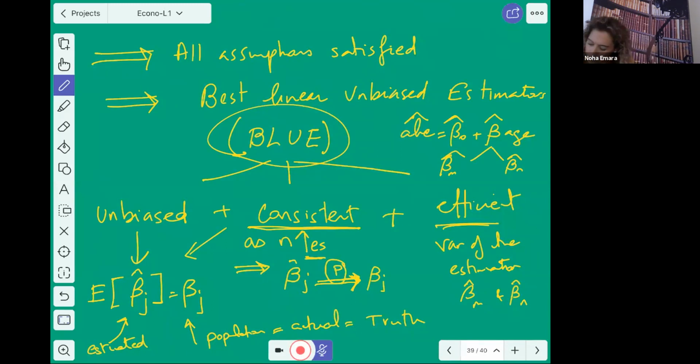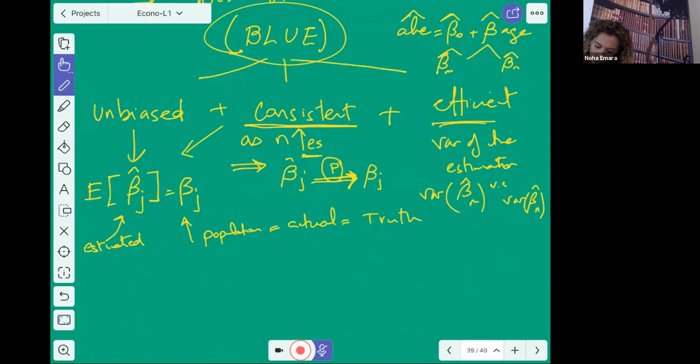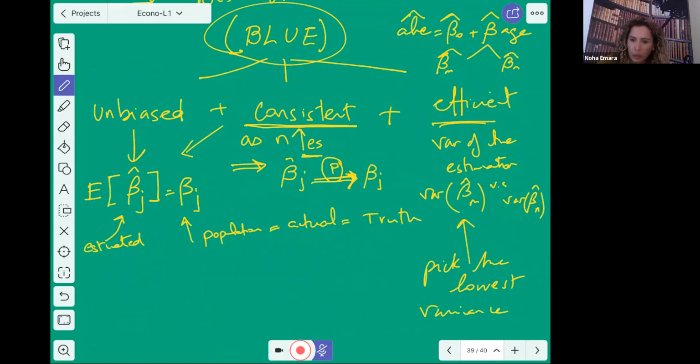Let's say I compute the variance of beta hat m and compare it versus the variance of beta hat n, and you pick the lowest variance. An efficient estimator is the one that has the lowest variance out of all available estimators.